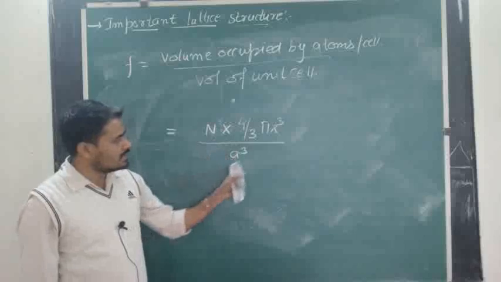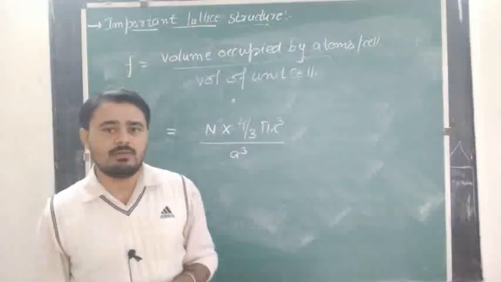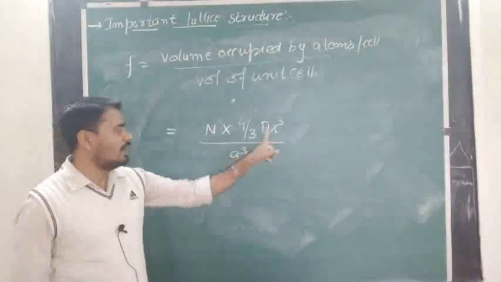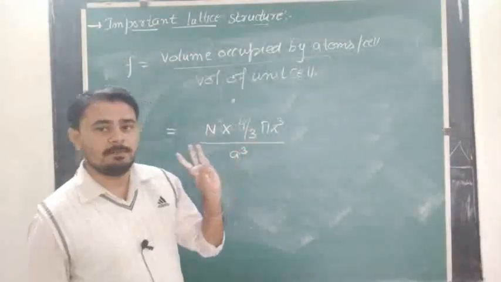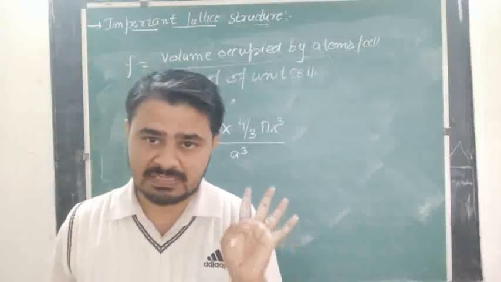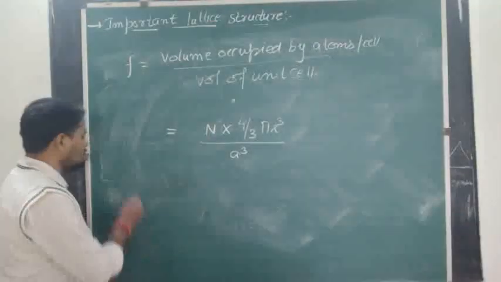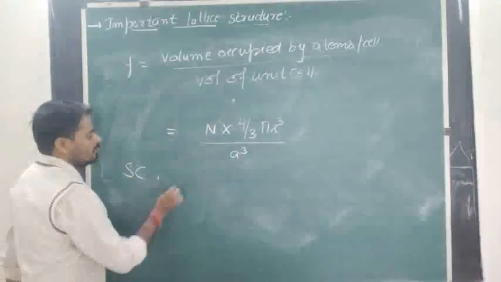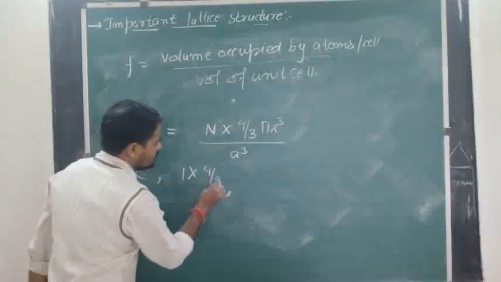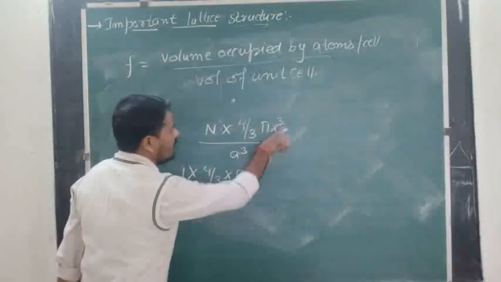To solve this calculation, you should remember the relation for R and A for simple cubic, BCC, FCC and HCP. Is it clear? Now for simple cubic, the total number of atoms is 1, into 4 by 3 pi r cube.